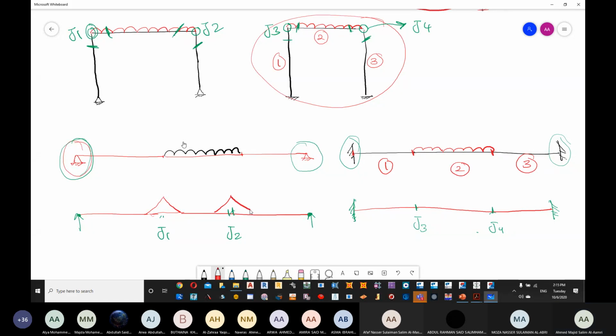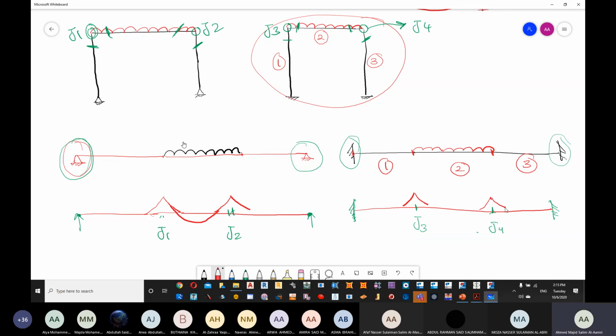We are going to join between these with a parabolic curve going down. Same thing here, it goes up. So here and then here, and then here.